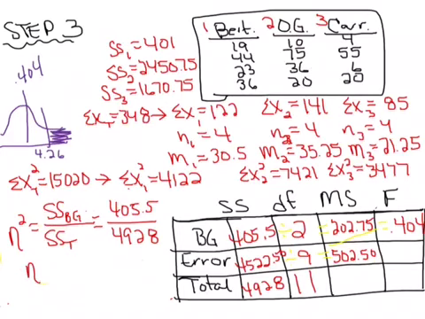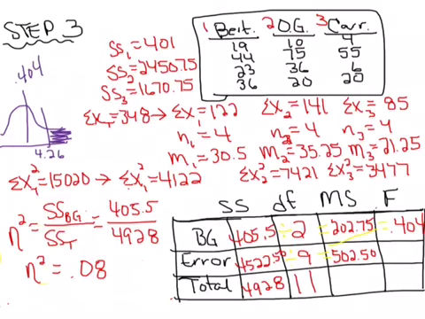Once you calculate that out, you basically should get a number that would be rounded to 0.08. So basically this is suggesting that only a mere 8% of the variance in the fat grams can be accounted for by the different restaurant.